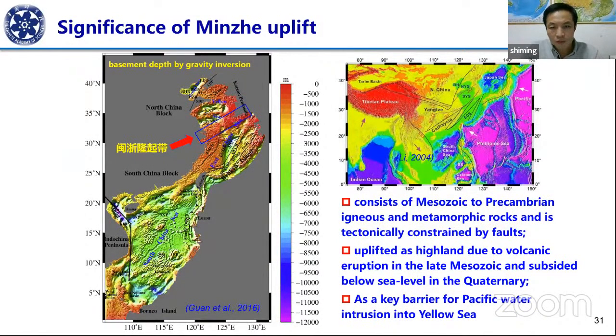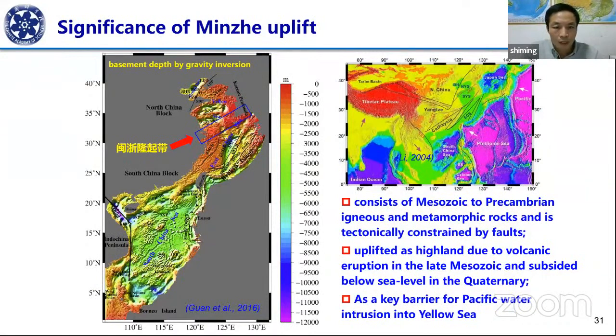This zone consists of Mesozoic to Precambrian igneous and metamorphic rocks, and is tectonically constrained by faults from Eastern China to Korea. It uplifted as a highland due to volcanic eruption in the late Mesozoic. However, it subsided below sea level in the Quaternary.